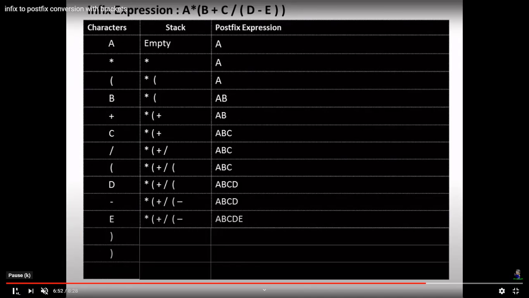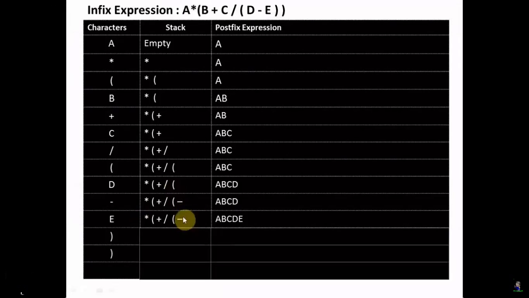Now we have encountered a closing bracket, so let us see how it will happen. Now there is only one operator between the opening bracket and the closing bracket, that is minus. So minus will be popped out from the stack and it will be placed in the postfix expression.